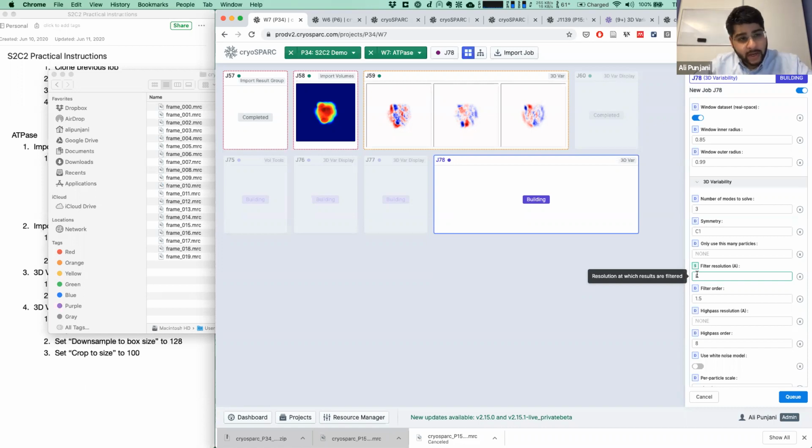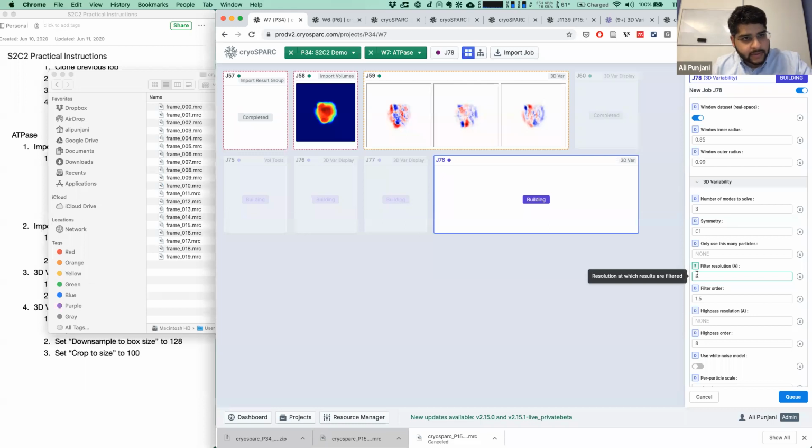So right now, if you see a variability result that can clearly be visually explained as either motion or association or dissociation of subunits or other kinds of heterogeneity that are plausible to occur, then that's a very strong signal that that's what's happening in the sample.